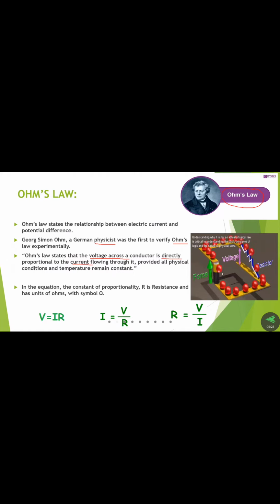Another definition: the current flowing in a circuit or conductor is directly proportional to the applied voltage, or the potential difference between the two ends. For example, suppose we take a conductor, this is one conductor. It is connected to a source, which we consider as an EMF. Only then is current passing through it.